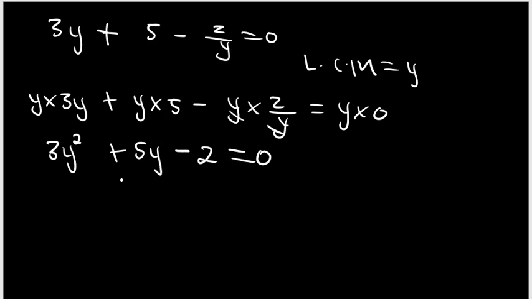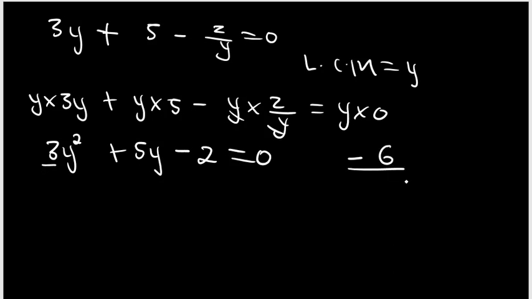Now we have a quadratic equation. So let's solve for y. How do we solve a quadratic equation? We take our constant, which is negative 2, and use that to multiply the coefficient of y squared, and that will give us negative 6.